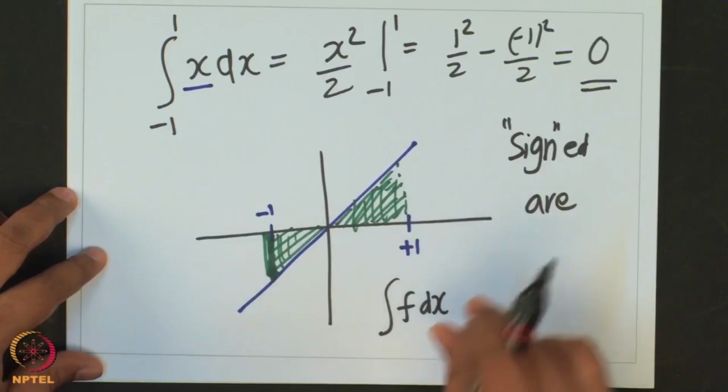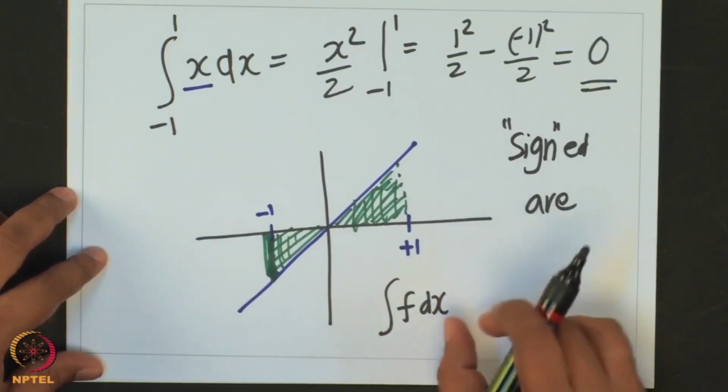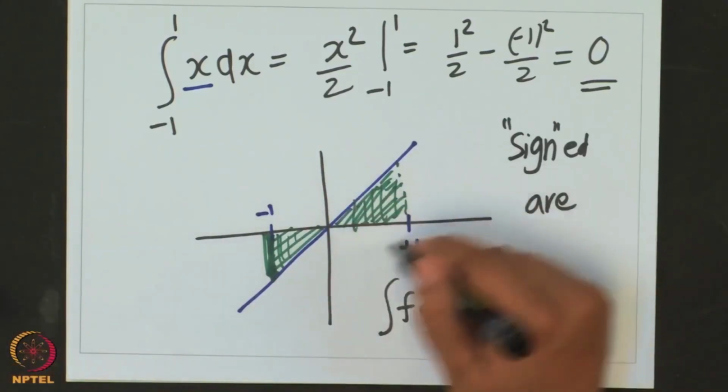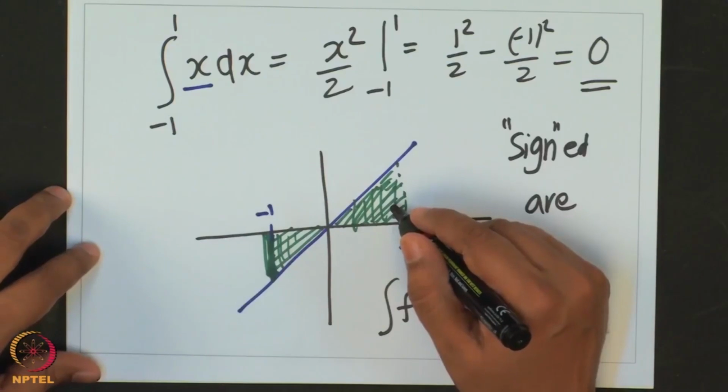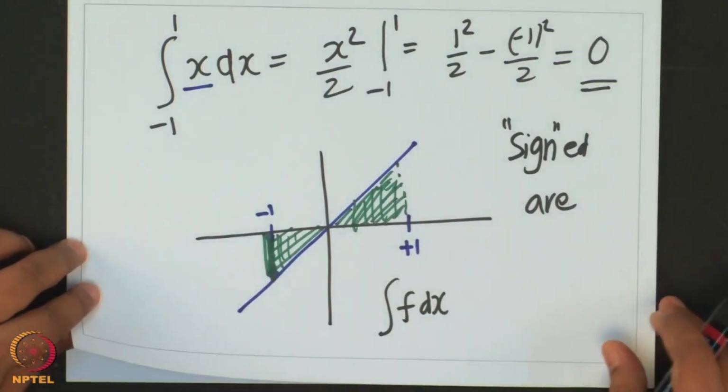If you take dx as a small interval, 0.1, 0.2, 0.3, and the function here is positive and the function is negative, this would turn out to be positive and this would turn out to be negative. How did this happen? Let us see this a little bit more carefully.